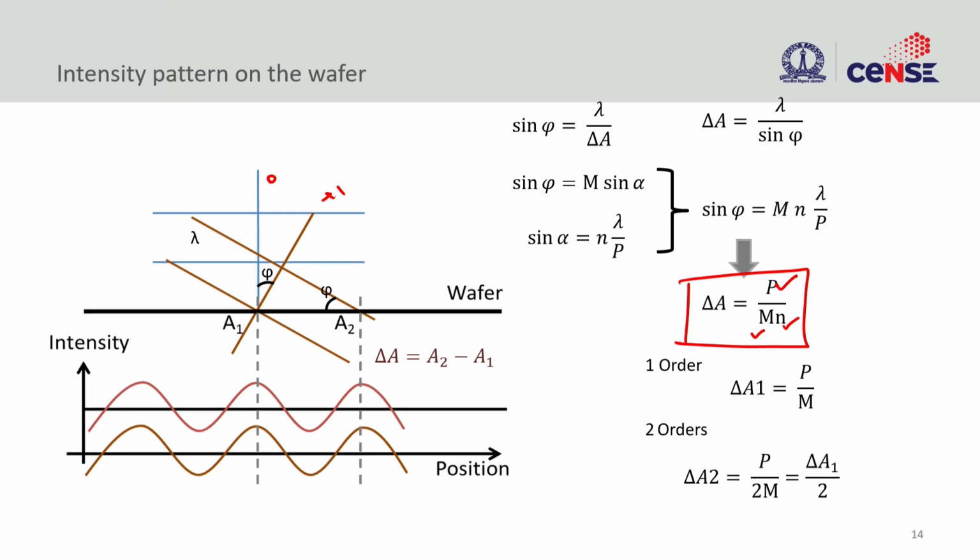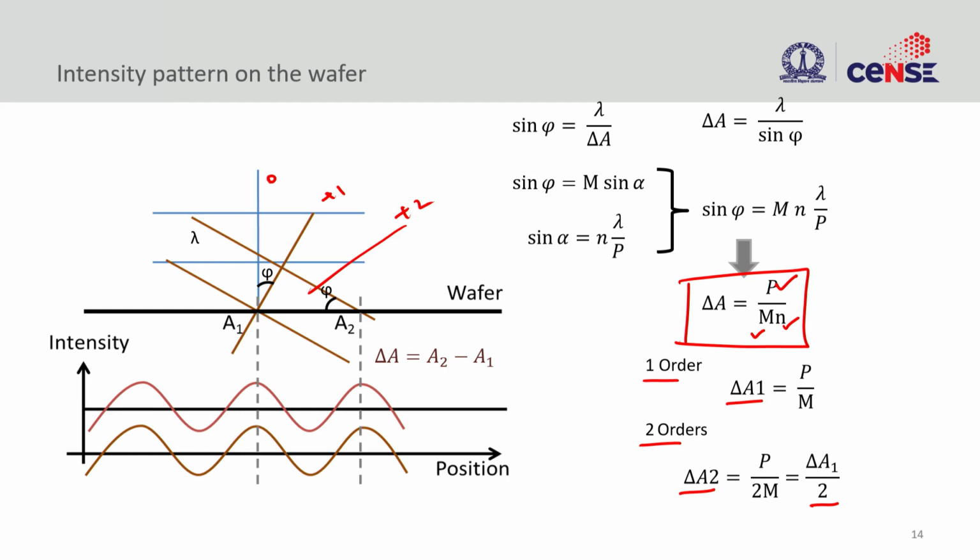Now, if I tell you I have only one order, but I can get more orders, here +1 is there, and let us see if we can bring +2 as well. What happens when I get +2? When I get the +2 order as well, my distance between A1 and A2 can be reduced. Initially it was delta A1, P over M, but now it is P over 2M, which is nothing but delta A1 by 2.